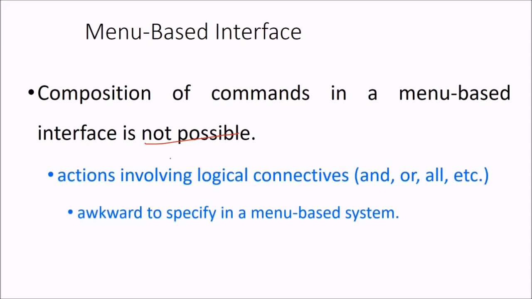So actions which involve logical connectives like and, or, all are awkward to specify, or difficult or not even possible in a menu-based system. But there is programming which controls this menu, where you can have these connectives, but that is a different concern.